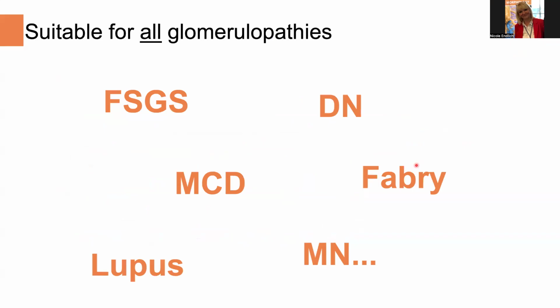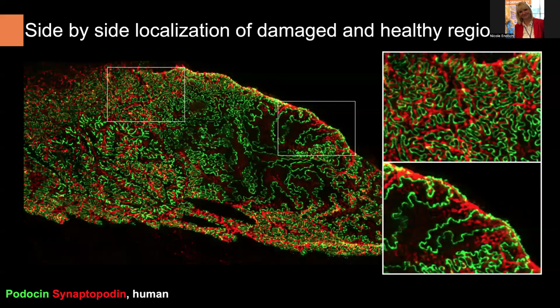You can use these measurements and observations for all kinds of glomerulopathies like FSGS, minimal change, lupus, diabetic nephropathy, and so on. This example is one of my favorites. It's an older image we made very early in our developmental state at the NEPHROCA time. You see a part of a glomerulus of a biopsy.